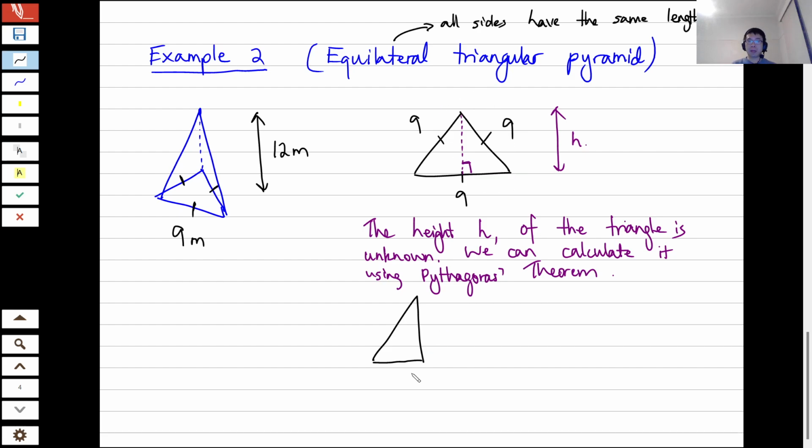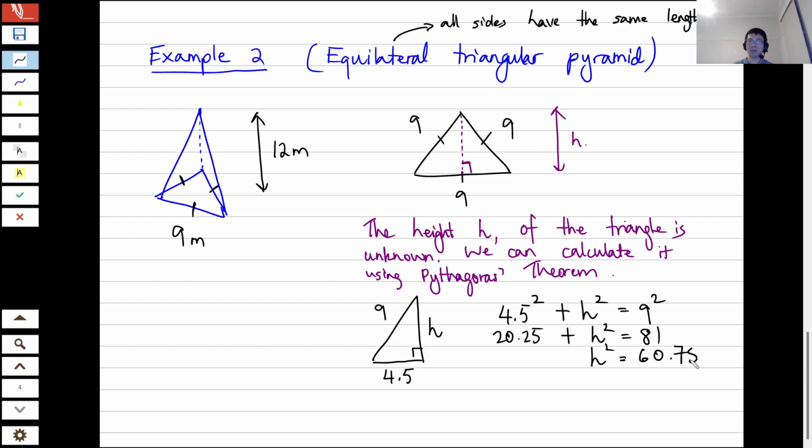So half of 9 is 4.5. And now I can use Pythagoras' theorem to get h. So 4.5 squared plus h squared equals 9 squared. And if I take away 20.25 from both sides, I get 60.75.